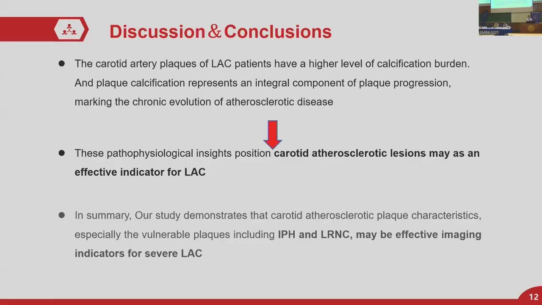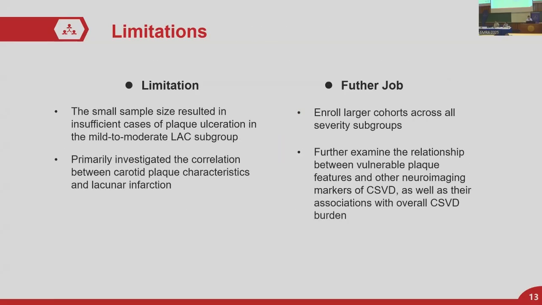So in summary, our study demonstrates that carotid atherosclerotic lesions may act as an effective indicator for lacunar infarction, especially the vulnerable plaques, including intraplaque hemorrhage and carotid lipid-rich necrotic core, which may be effective imaging indicators for severe lacunar infarction.